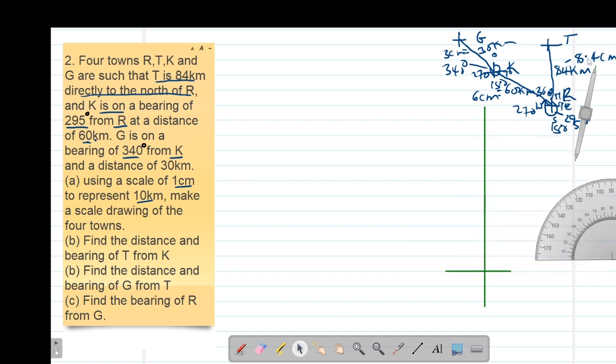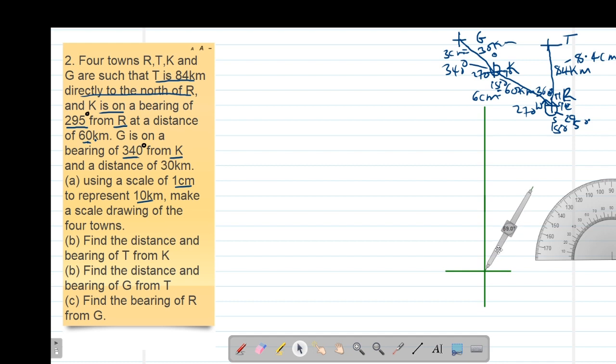So to point T, we need to measure 8.4 centimeters. So using your pair of compass, measure 8.4 centimeters with the help of your ruler. So for my case, I'm going to align my pair of compass to the point R. So let me put it exactly at point R. I need to ensure that I'm as accurate as possible.